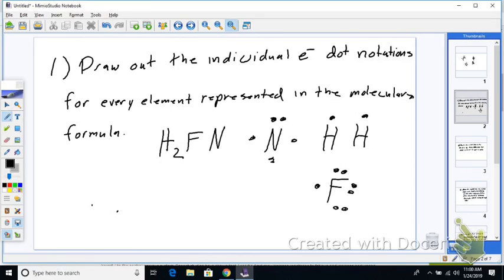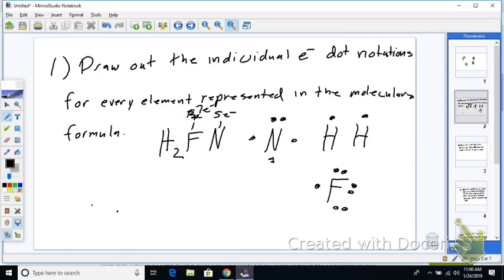Okay. So, first step, after some students do 2 or 3 of these examples, they don't do the first step, and all they do is count up all the electrons. So for nitrogen, they'll say, that has 5 electrons. And for fluorine, it has 7 electrons.